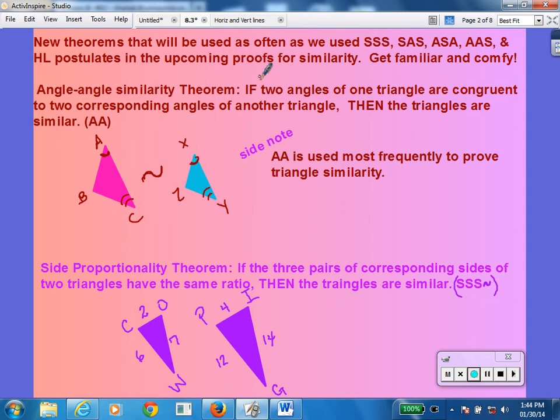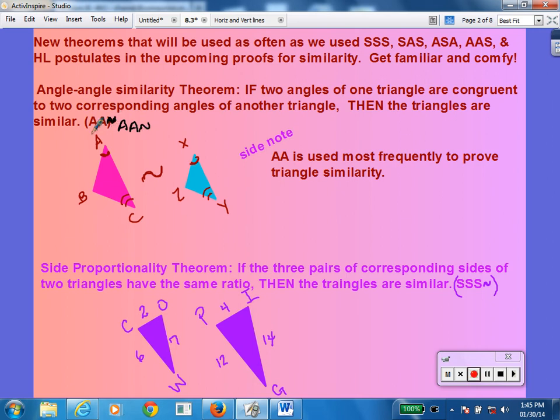Basically what it says is if two angles of one triangle are congruent to two corresponding angles of another triangle, i.e. if A is congruent to X and C is congruent to Z, then the triangles are similar, and it's angle-angle similarity. Okay, so you've got to put similar on there.